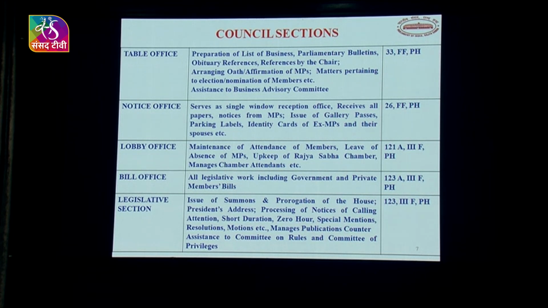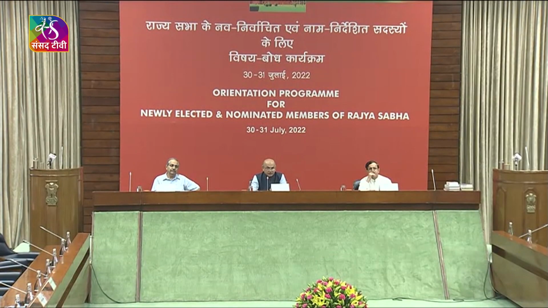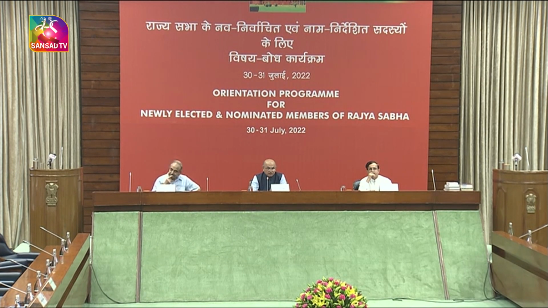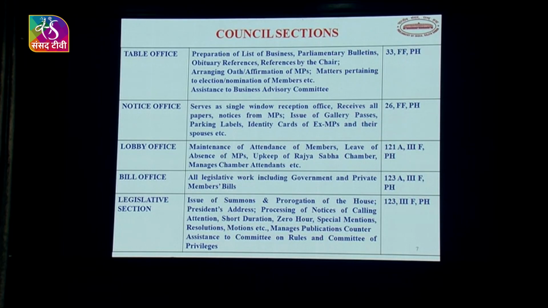As you would have observed, there are an inner lobby and an outer lobby, where the attendance registers for the honorable members are kept for recording their presence. It also looks after the leave of absence of the honorable members and the upkeep of the Rajya Sabha chamber, which is managed by the chamber attendants.